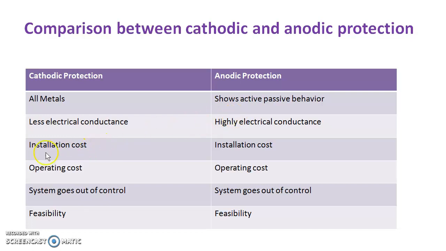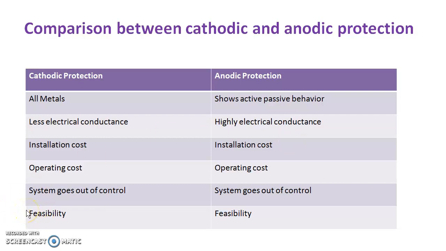In cathodic protection, installation cost is very low; in anodic protection, it is very high. In cathodic protection, operating cost is higher; in anodic protection, it is lower, right? In cathodic protection, if the system goes out of control, then slower corrosion is going to take place. In anodic protection, higher corrosion is going to take place, right?